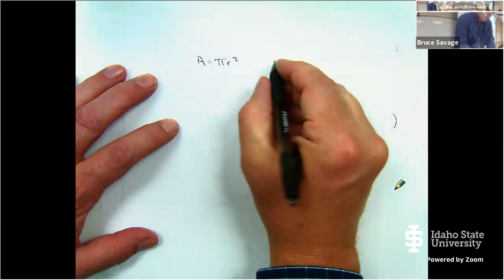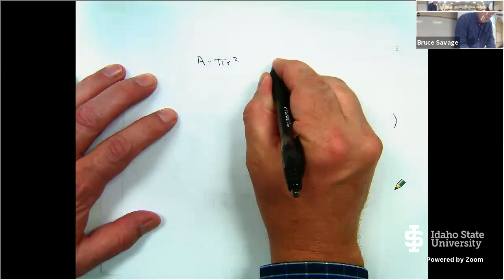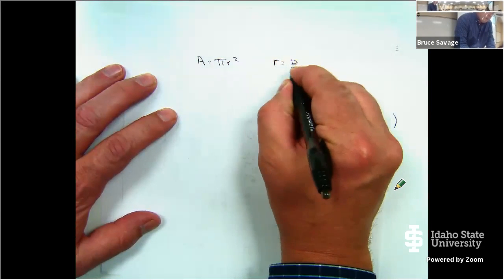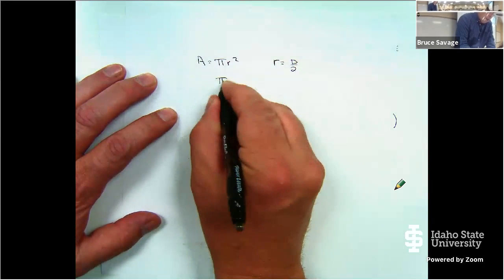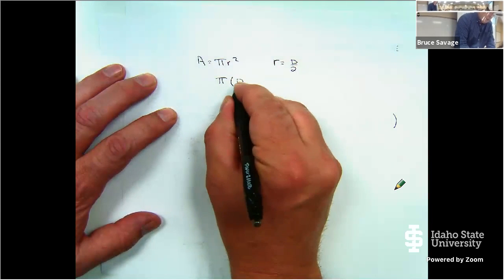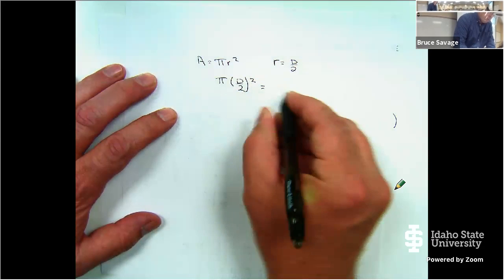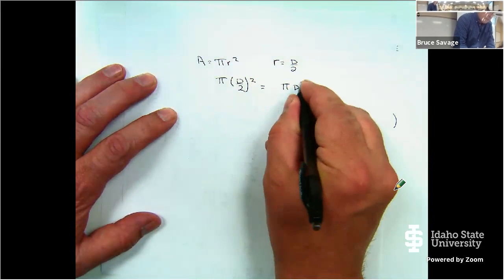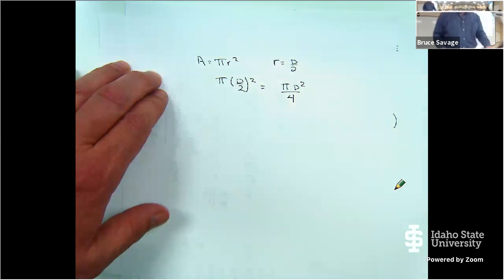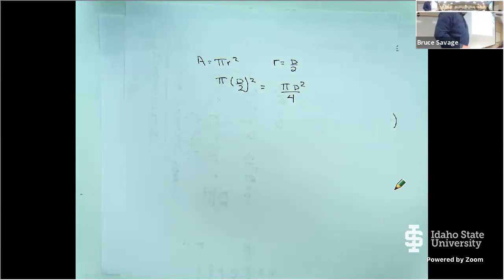So typically we know that the radius is equal to the diameter divided by 2. So pi times d divided by 2 squared simply becomes pi d squared divided by 4. So that's the equation that I'm going to use in this course, because 99% of the time we're talking about the diameter of a pipe or the diameter of a round area.